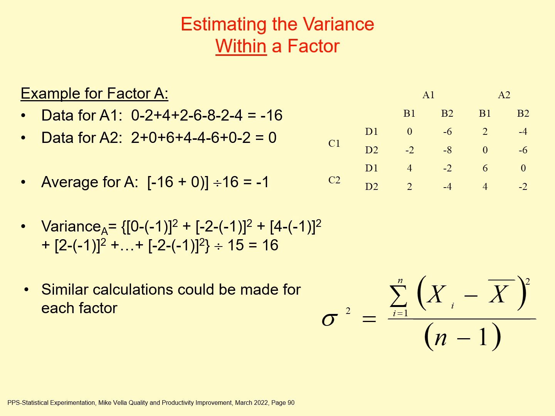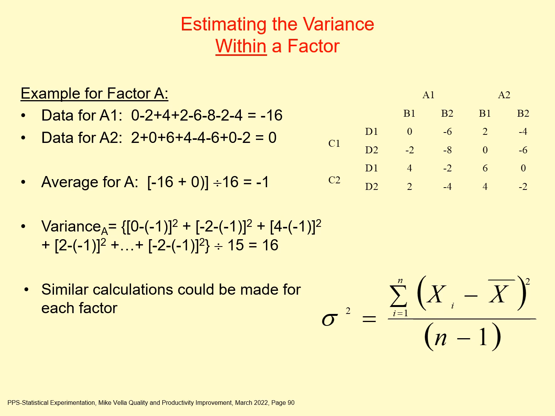We can estimate the variance within a factor. If you consider the table and take a look at the two columns below A1 and add up each one of those 8 items, 0 plus minus 2 plus 4 and so forth, the sum will be minus 16. In the same way, if you take a look at the two columns below A2, you'll find the sum of that is 0.